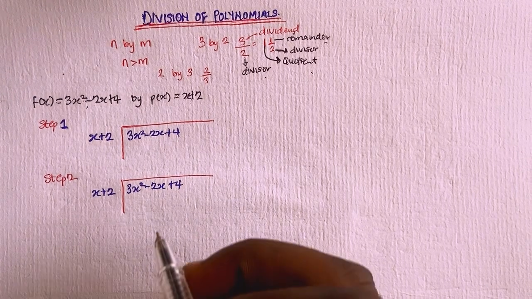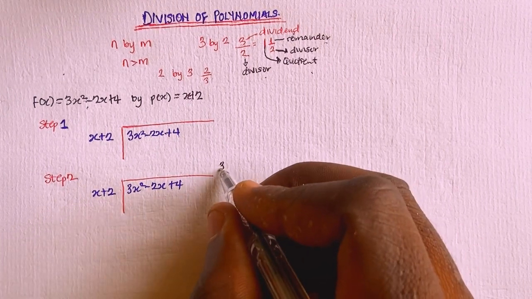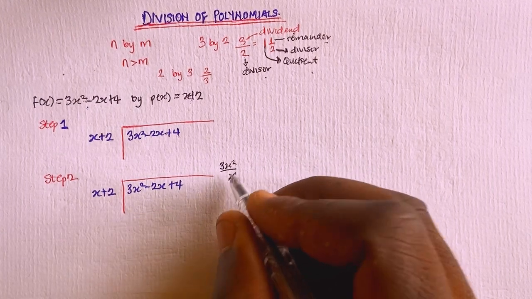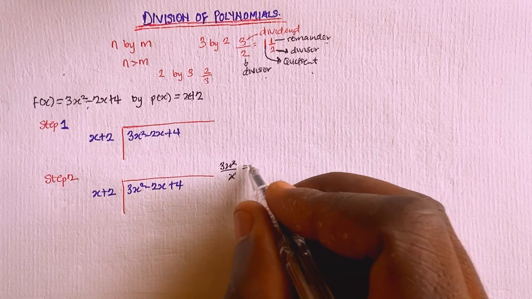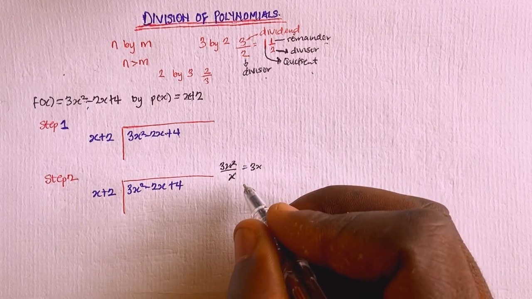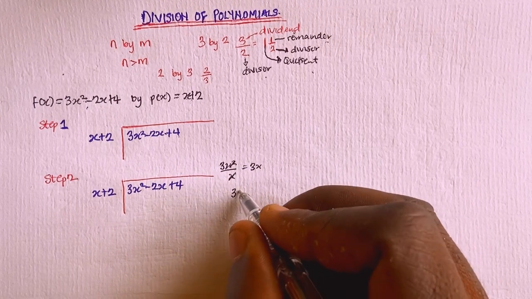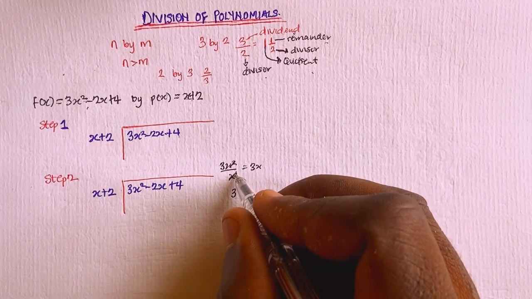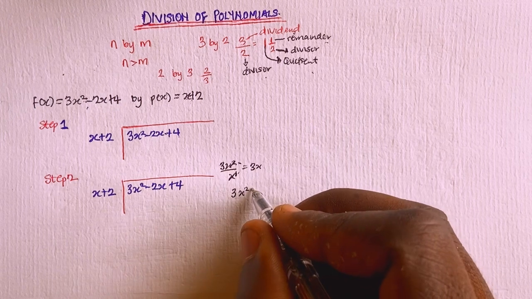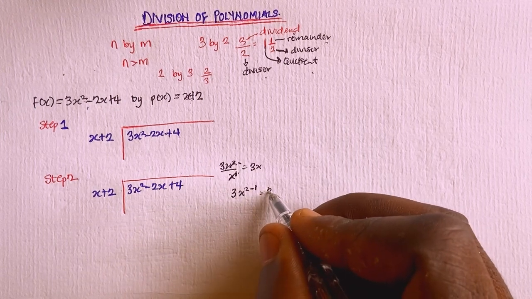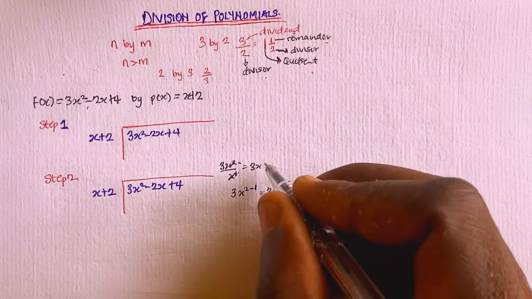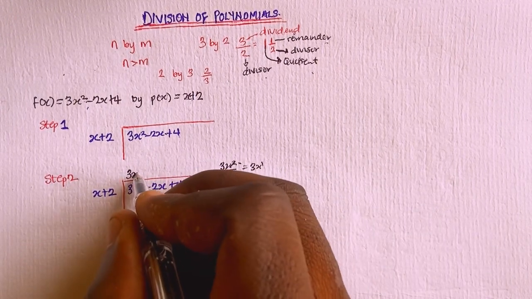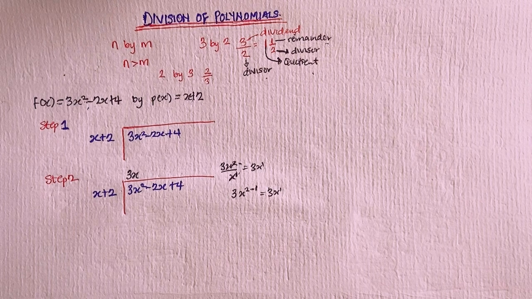Divide in this case means you bring your 3x squared out. 3x squared divided by x: x will cancel one of the x's, so you are going to have 3x. The x in the denominator is raised to the power of 1; you bring it up, so the power becomes minus 1. 2 minus 1 is 1, so you're having 3x. Then you place your 3x here. That's step 2.